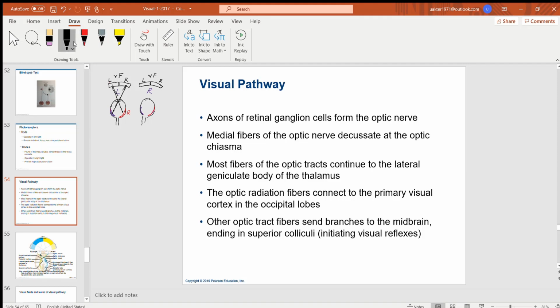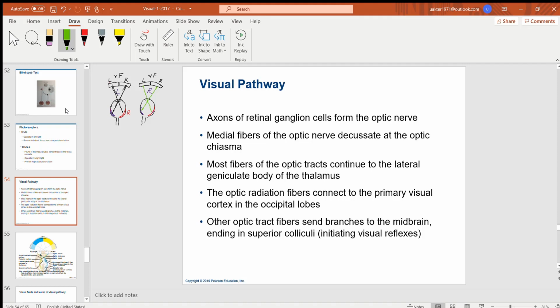Now let's see the other side. So we can say that same way, from the left half of your right eye's visual field, the stimulus will go to the right hemiretina of your right eye, and from the right half of your right eye's visual field will go to the left hemiretina of your right eye.